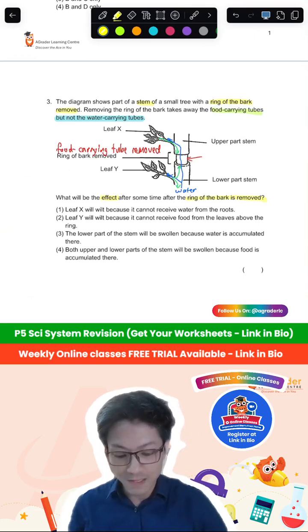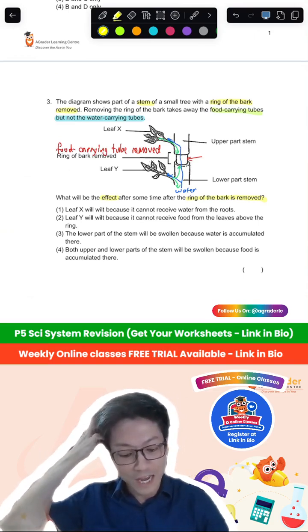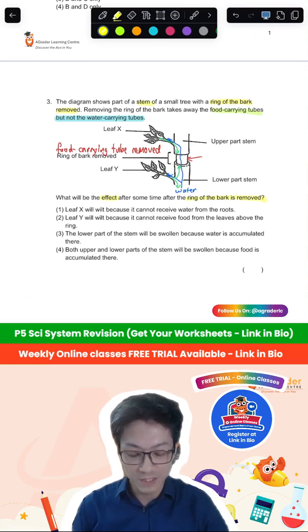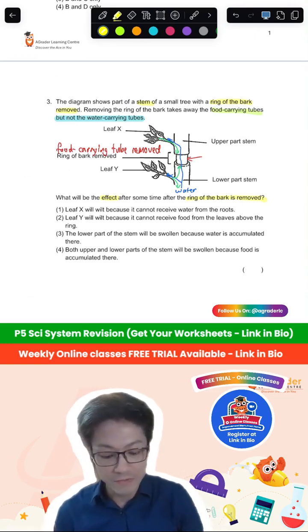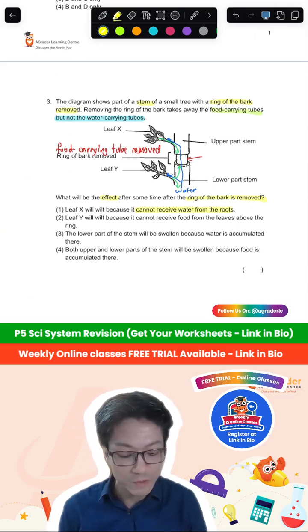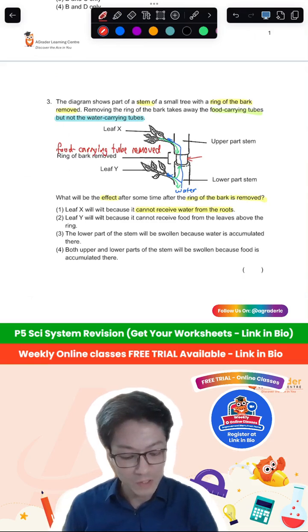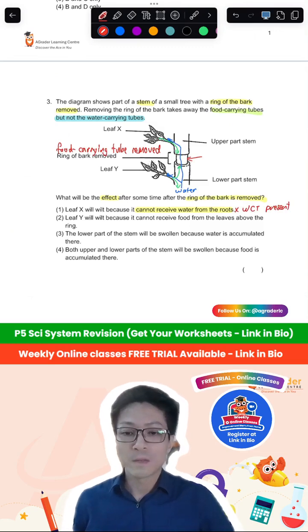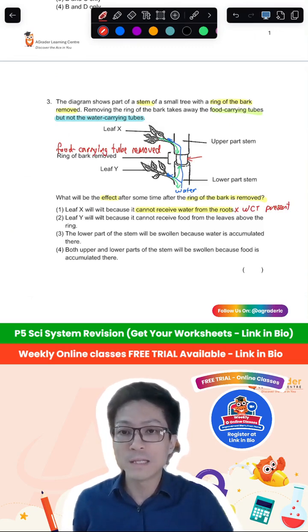Leaf X will wilt because it cannot receive water from the roots. This is definitely wrong because it says it cannot receive water from the roots, but the water carrying tubes are present. So the answer is definitely not number 1.